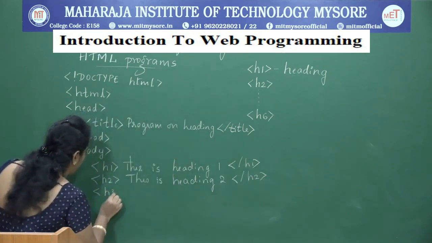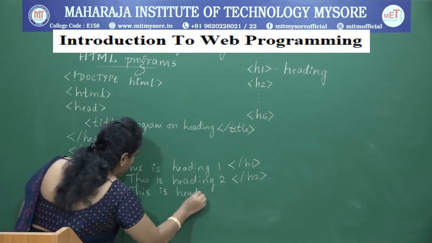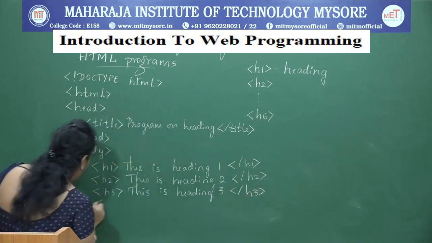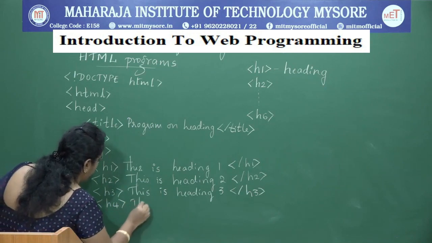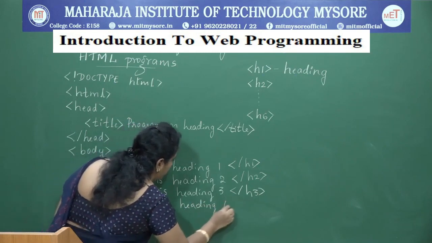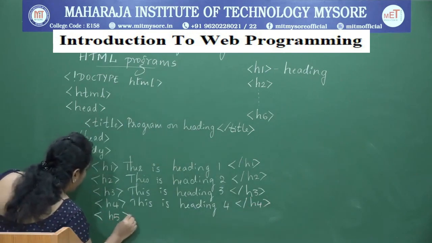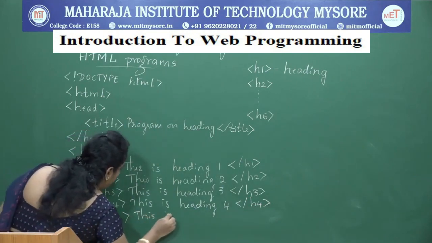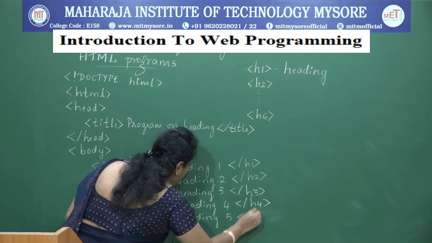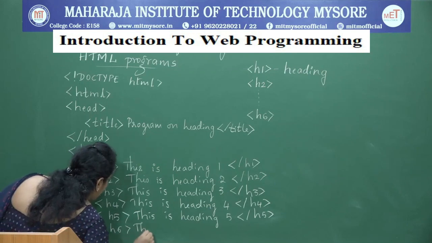Next is H3: this is heading 3. Heading 4. Heading 5. Heading 6.